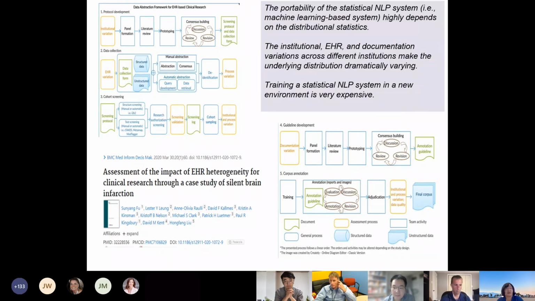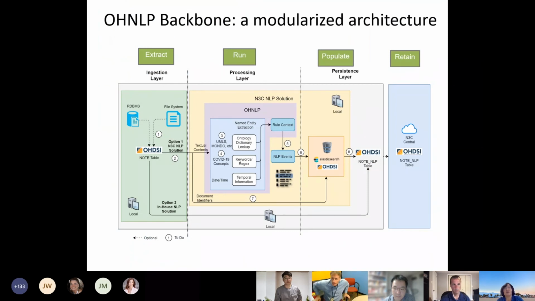Meanwhile, the federated development, crowdsourcing approach of open development seems to be an alternative to handle this. And so we also developed this modularized architecture for deployment.